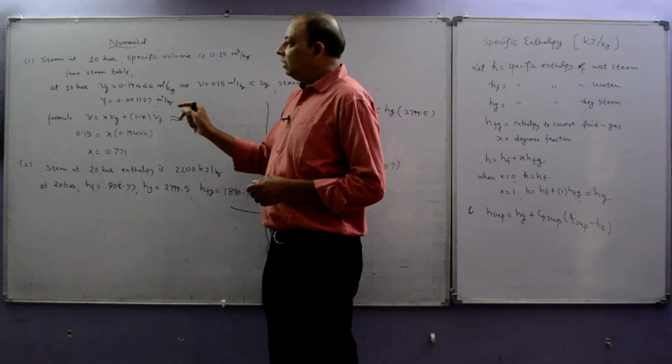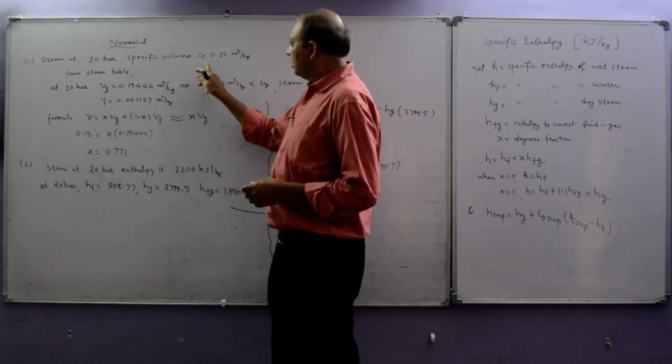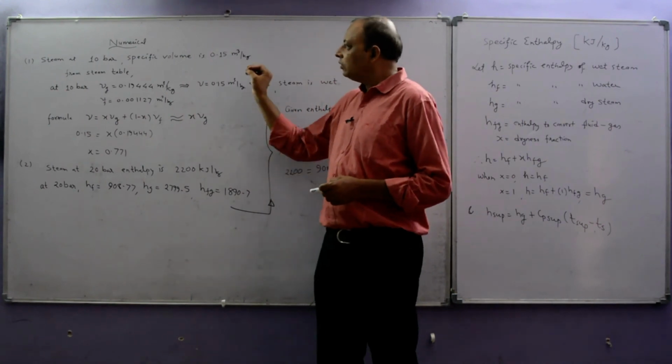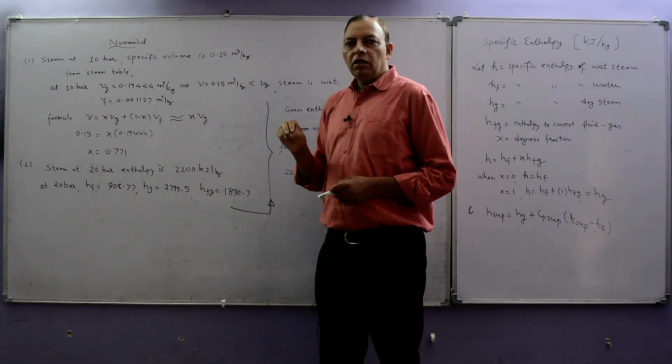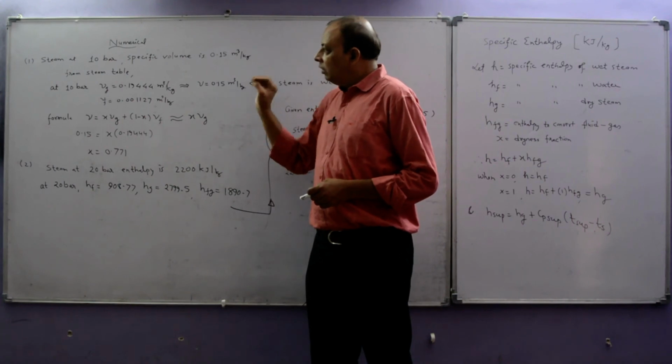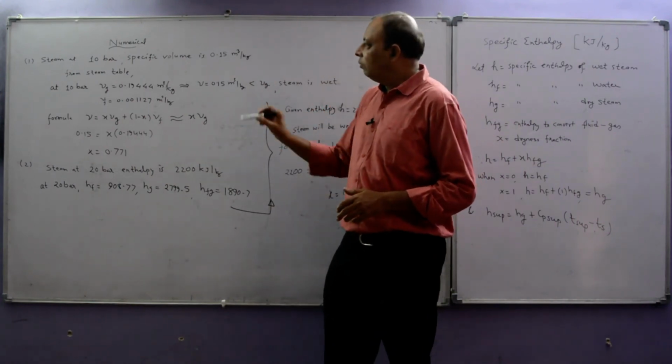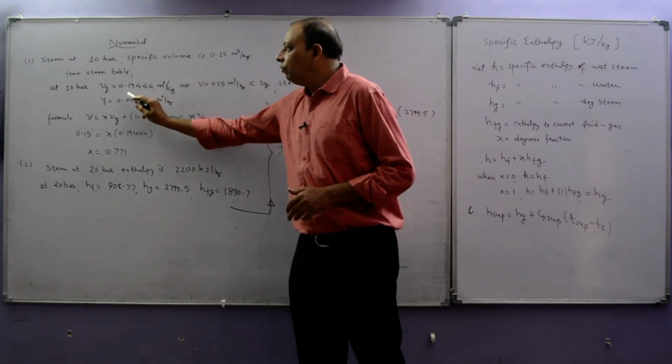Now, the steam is at 10 bar and specific volume is given as 0.15. So if you have such a numerical, if the given property is specific volume, always compare with the Vg.